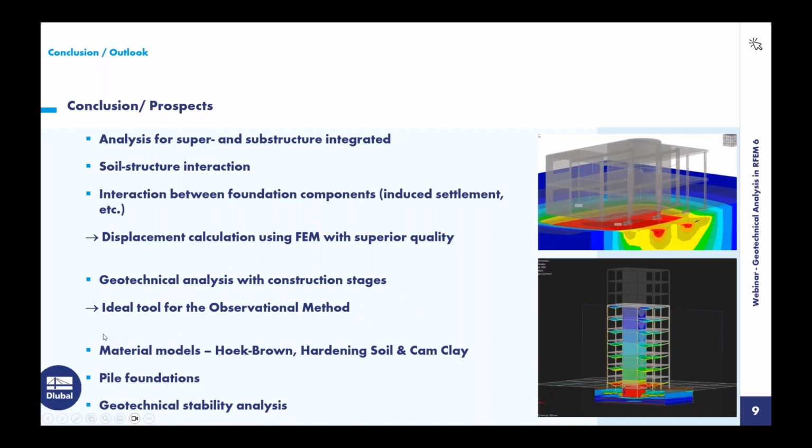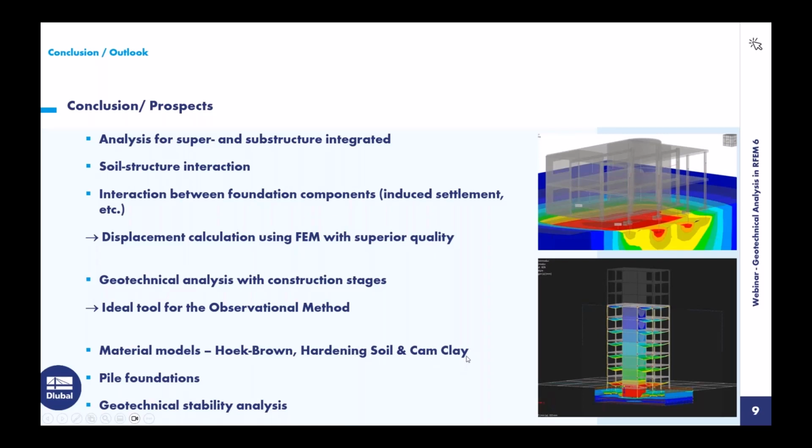Then as prospect, as I said, we have 3 further material models in work. The first one that will come is the Hoek-Brown model. This one we will release quite soon, in the next days, let's say. And we have the hardening soil model. It is already actually implemented. We are just testing it quite intensively, and it shall be provided in the second quarter of this year.